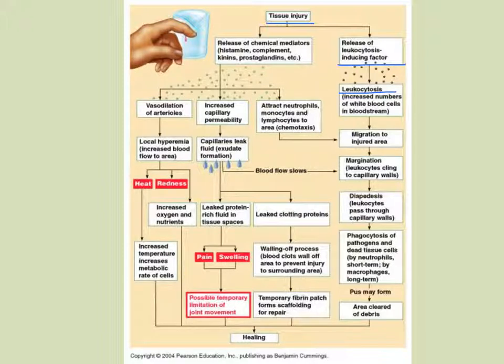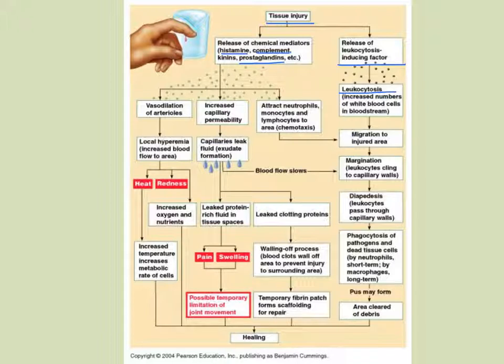And so these chemicals are going to be attractive and bring more white blood cells to the area. Other chemicals that are released, histamine to cause inflammation, make the blood capillaries more leaky so that more plasma goes into the interstitial space. The complement proteins are activated, prostaglandins, we talked about that in the endocrine system.